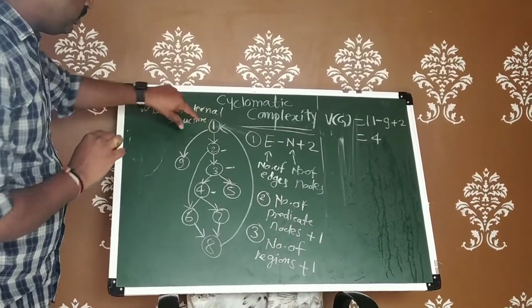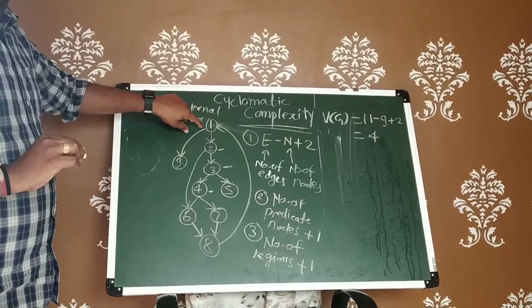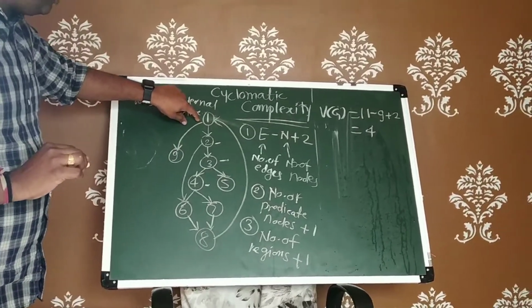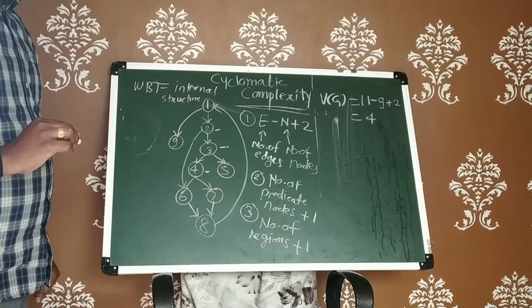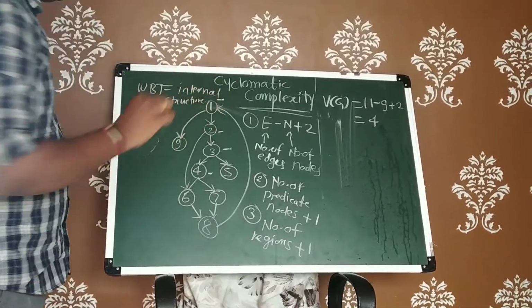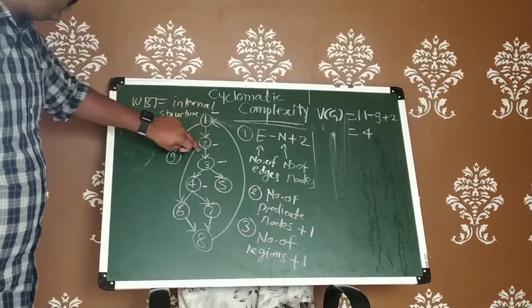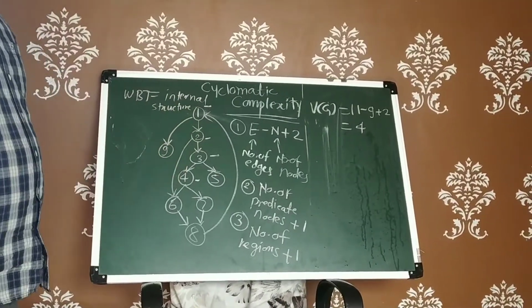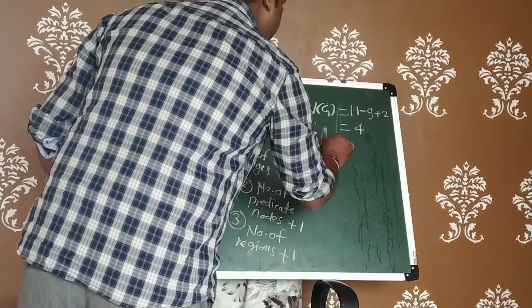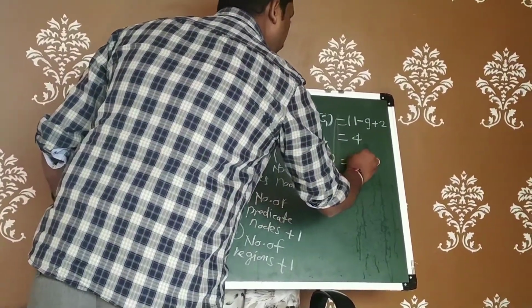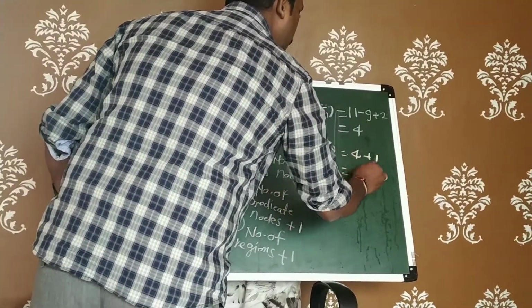Yes, node number 1 is also a predicate node, which gives you node number 9 and 2. So 1, 2, 3 and 4, these are the predicate nodes, plus 1. 4 plus 1 will give you 5.